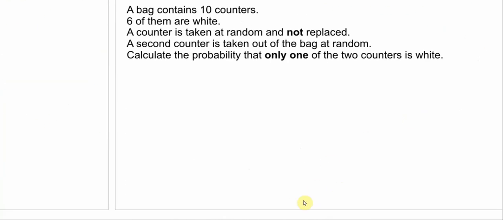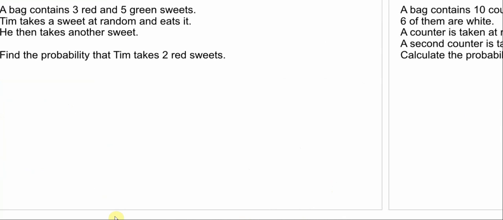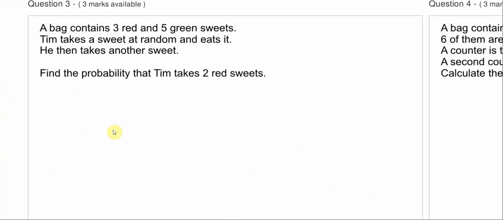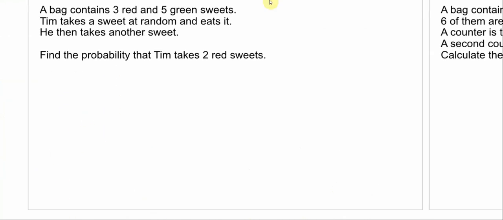Okay, question 3, let me get across to it. Question 3 is here, but I'm not going to have the number on. This is where it becomes more like what this lesson was aimed at. The bag contains 3 red sweets and 5 green sweets, so the probability of red right now is 3 out of 8 because 8 sweets in total and 3 of them are red.